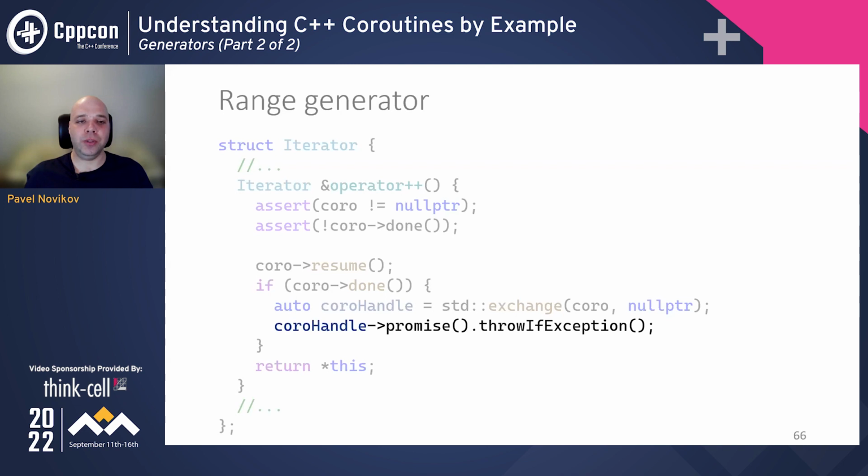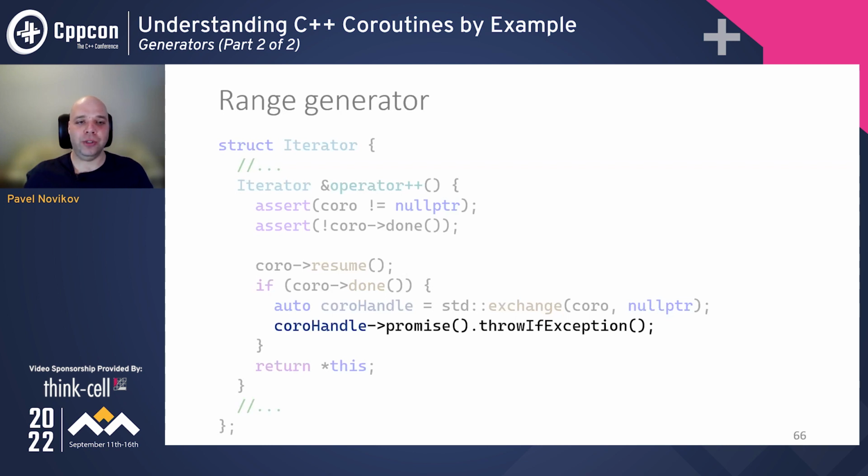We want our coroutine to suspend at the final suspend point, and in this case, when the coroutine is suspended at the final suspend point for whatever reason, for example, the coroutine finished execution, or an exception was thrown inside the coroutine, it basically finishes, gets to the final suspend point.